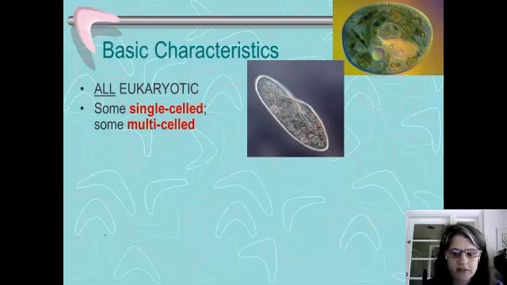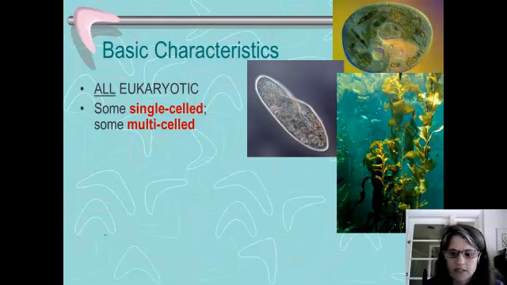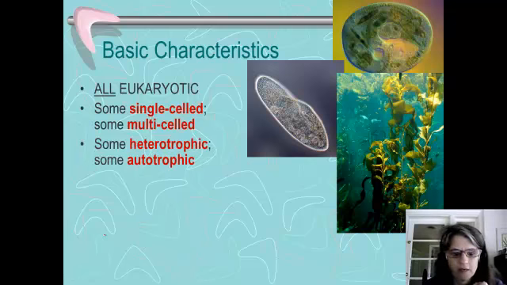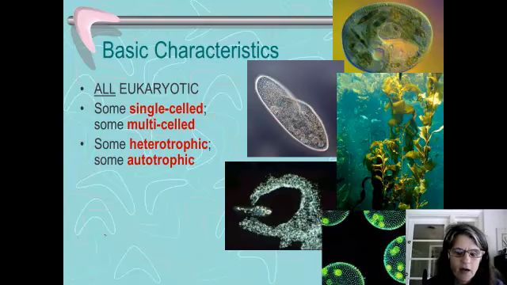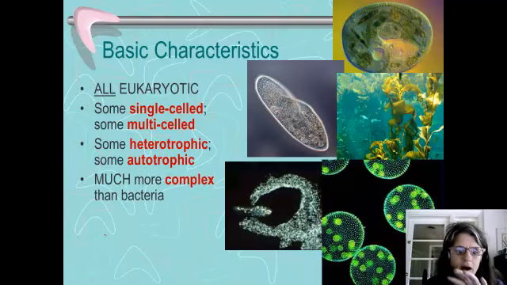Some are single-celled, like Paramecia. Some are multicellular, like this kelp that we're seeing here. Some are heterotrophic, some are autotrophic. All of them are much more complex than any prokaryote, or as you may better know them, bacteria. Okay?